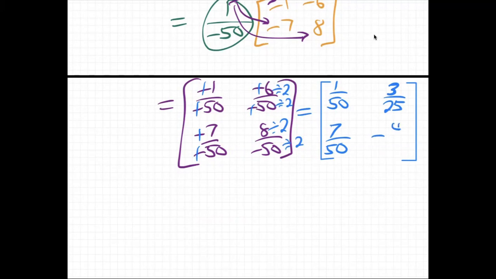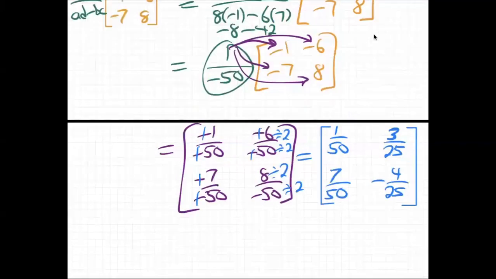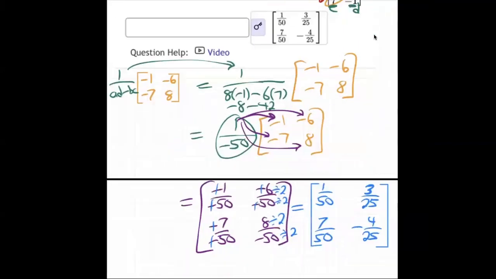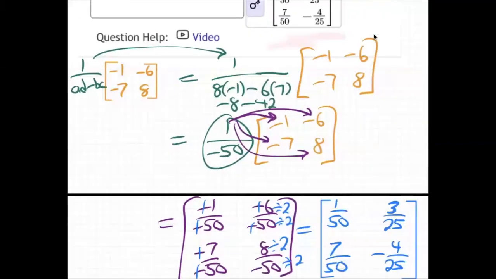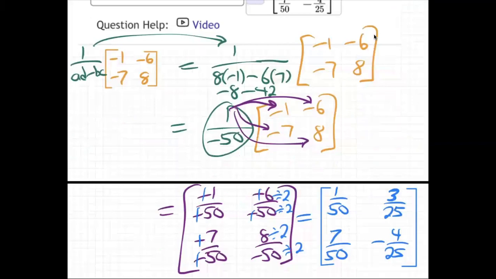I'm going to put that negative in the front. With a fraction, you can put the negative in the front or the bottom or the top. It doesn't matter. As long as there's only one negative on a fraction, it doesn't matter where it is. Top, bottom, or front. All right. So let's go back. So here was the answer all along. Looks like we got it right. That is the inverse.